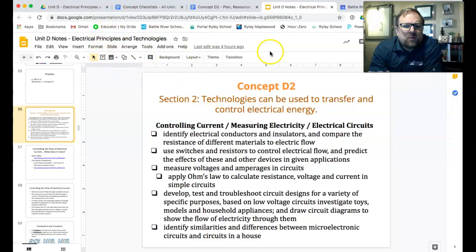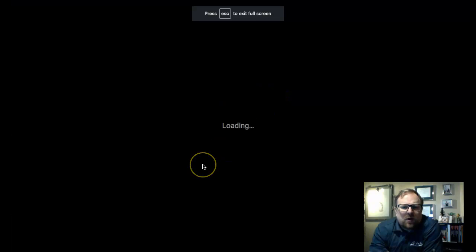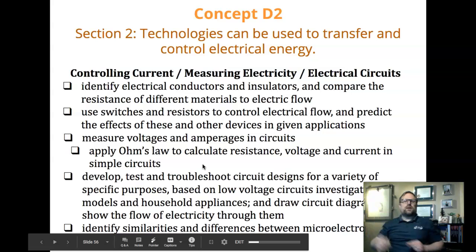We have now moved into concept D2, which covers section 2 in this unit: technologies can be used to transfer and control electrical energy.